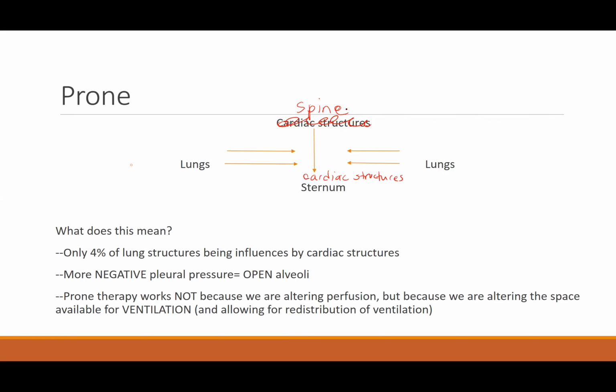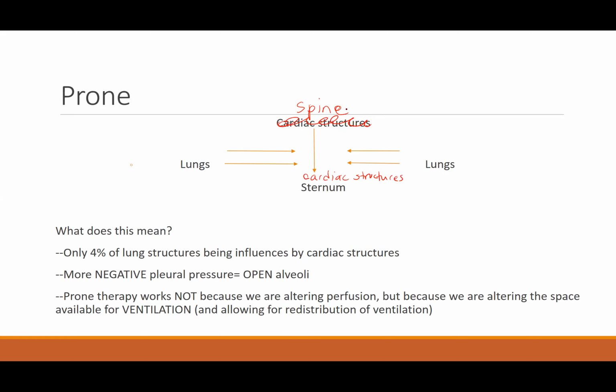because of where the spine sits in the middle being much more narrow, the pressure that was on the lungs in the supine position has now been completely offloaded. Okay, so in this scenario, when somebody is in the prone position, that 17 to 35-ish% of lung space that could be potentially influenced by the cardiac structures is now taken all the way down to 4%.